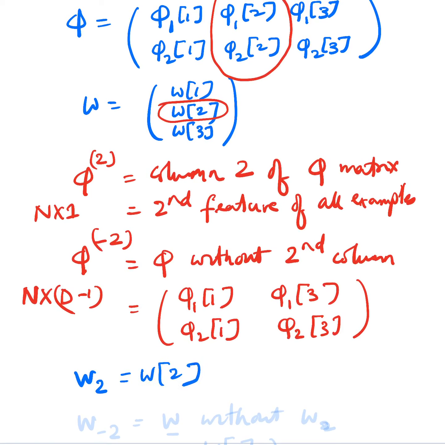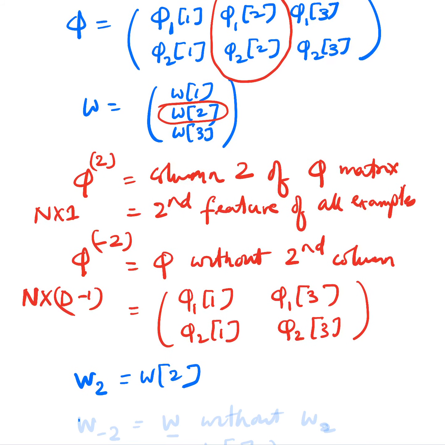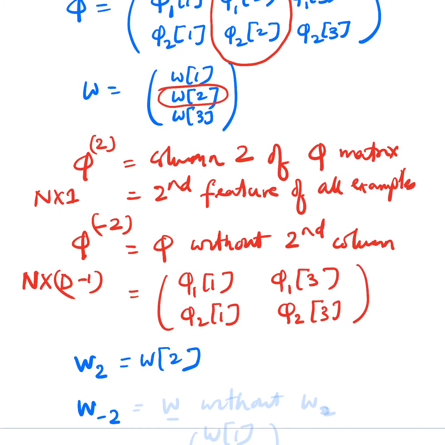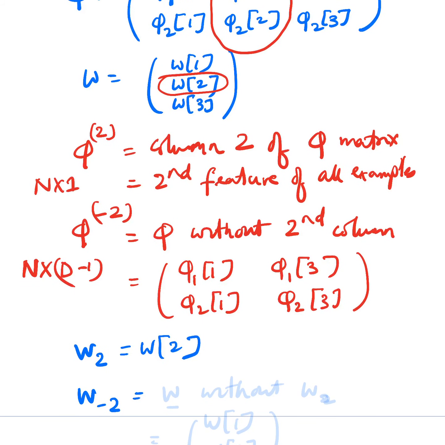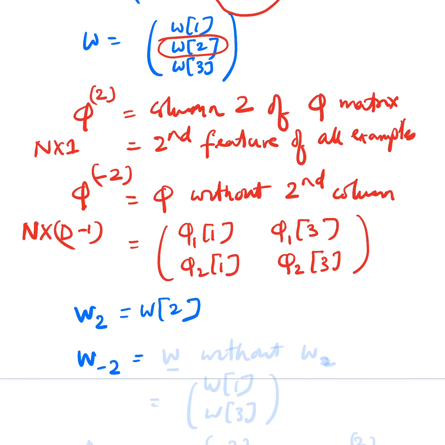It's less cumbersome. That's the one that I'm going to adapt, and then W of minus 2 is W without W2, which in our case is just W1, W3, right?